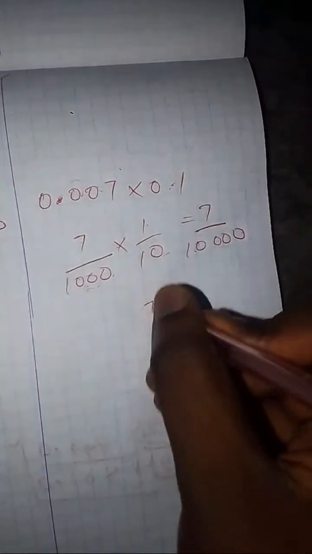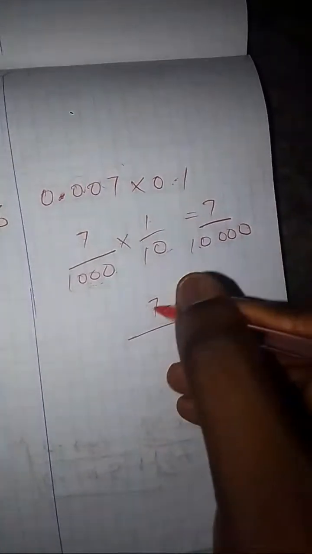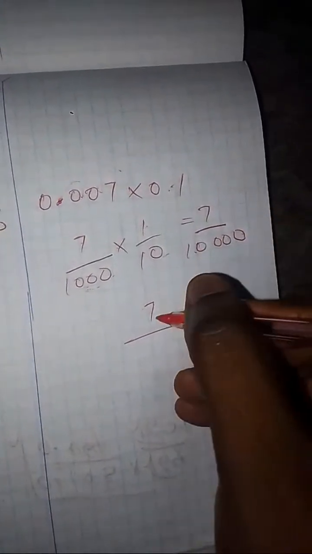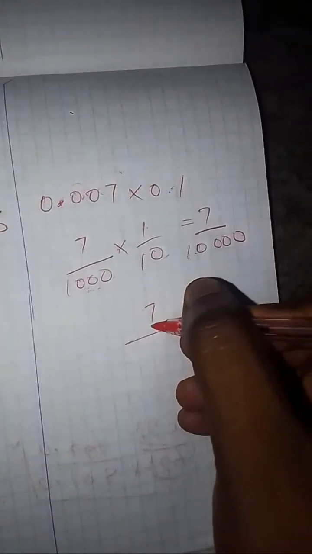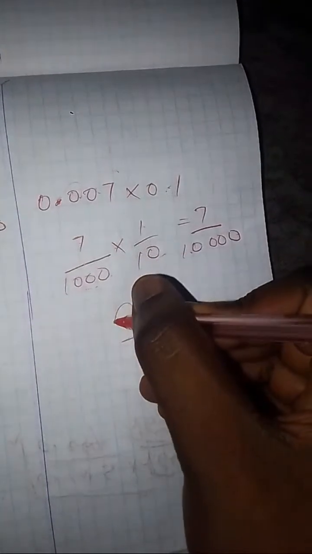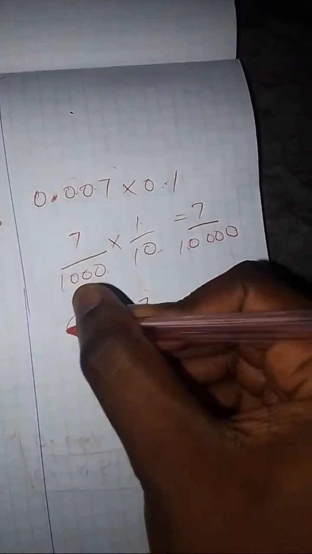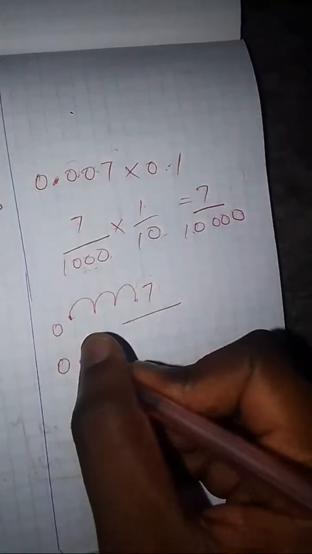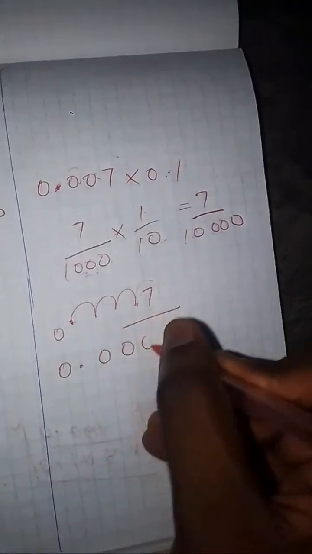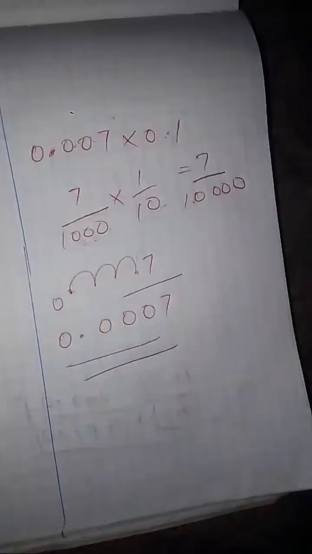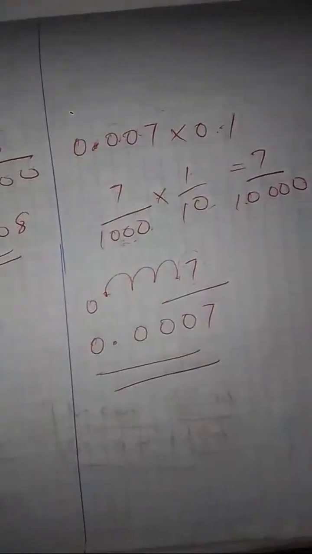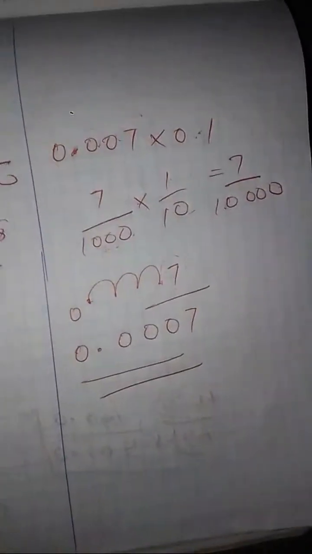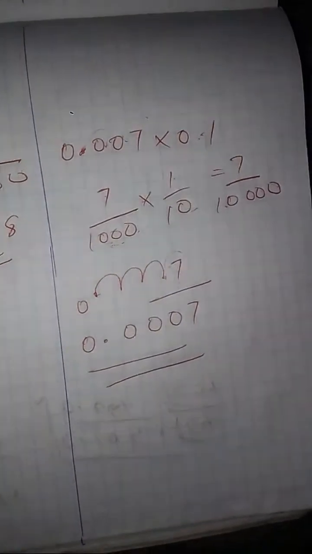So 7 over 10,000, so you shall move 4 decimal place values. 4 steps, I mean. 1, 2, 3, 4. So your zero should be here. So here we shall have 0.0007. And that now becomes our answer.